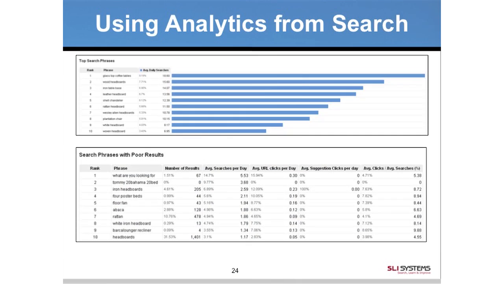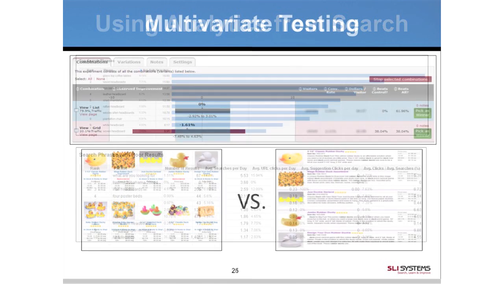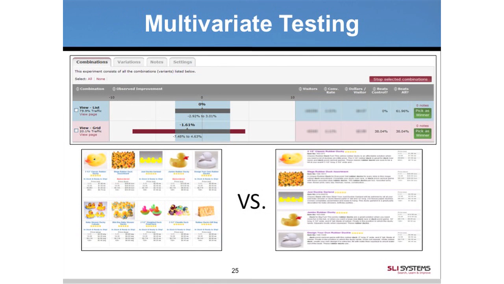So one way to do analytics in such a way that you'll actually make more money from it is to try an A/B or multivariate test of one version of a navigation page or a search page against another, and do a split test of that. This is just a snapshot of what that experiment looked like.